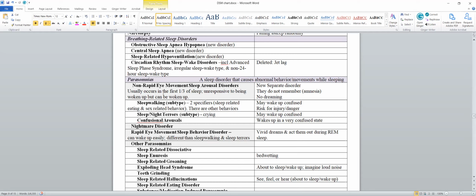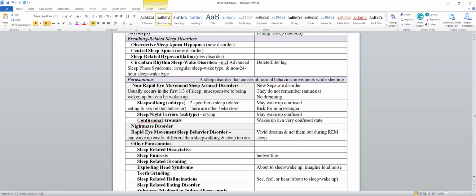It usually occurs in the first third of sleep, unresponsive to being woken up, but can be woken up. They usually do not remember, they have amnesia, and there's no dreaming during this time. This is also a new separate disorder.